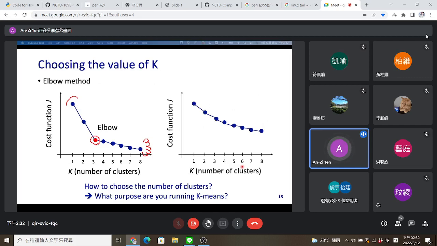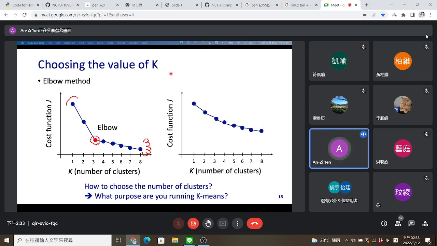And finally, here's another way to think about how we choose the value of k. You can choose k based on running k-means to get clusters for some purpose, especially your downstream purpose.